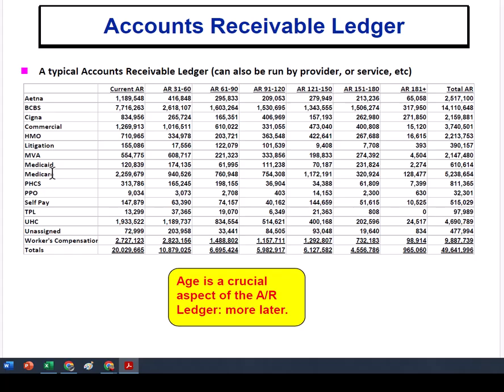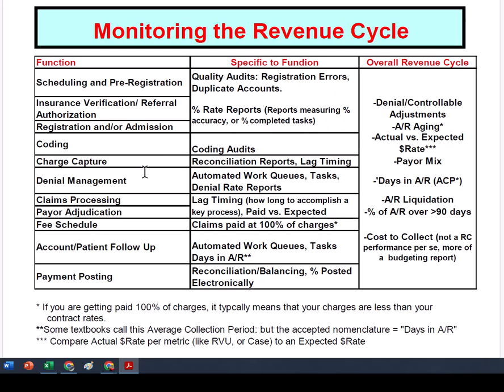But typically I get a month end report exactly like this, basically by major insurance companies. So for PPO, there might be 50 insurance companies that we categorize as that. But this is exactly copied from what I get every month. And we'll talk about aging in a minute.